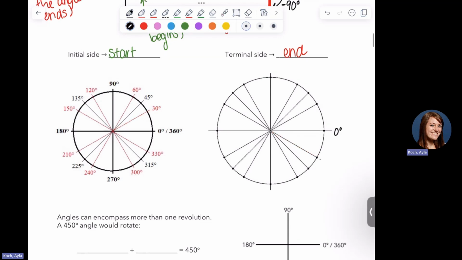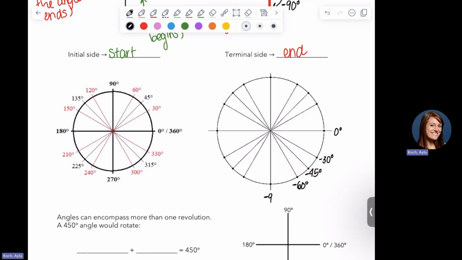So this is negative 30 degrees. The second spoke is the same amount of movement as going to the second spoke in the positive direction, which is 45 degrees. So this is negative 45 degrees, negative 60 degrees, and we can just go around this whole circle this way.